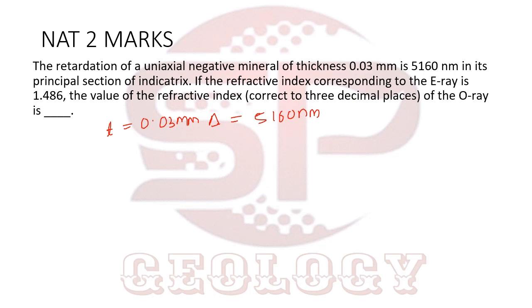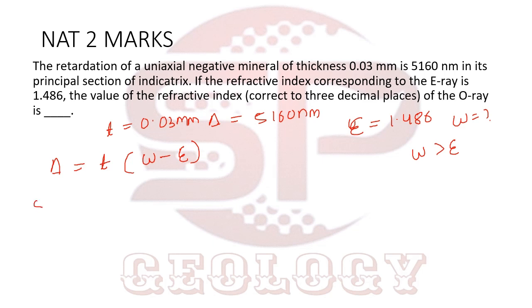If the refractive index of the E ray, that is epsilon, is given as 1.486, you have to calculate the refractive index of the O ray, omega. It is a uniaxial negative mineral, so in the case of a uniaxial negative mineral, omega is greater than epsilon. So we have to put in the retardation formula. Retardation equals thickness into birefringence. Your birefringence will be higher minus lower, omega minus epsilon.